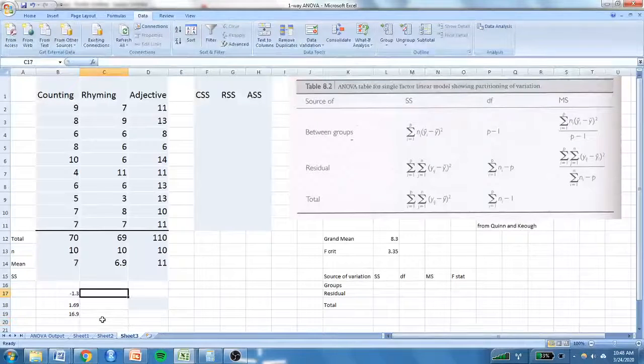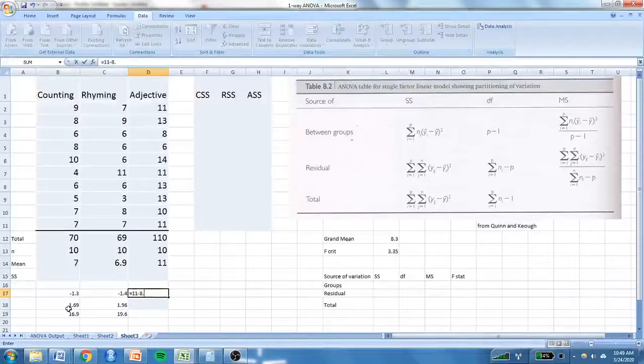We're going to do that for each group. So the group mean here is 6.9, minus 8.3. We're going to square that, and then multiply by the number of observations in that group, which is 10. Okay, we're going to do it for the third group. So the third group mean is 11 minus the grand mean.